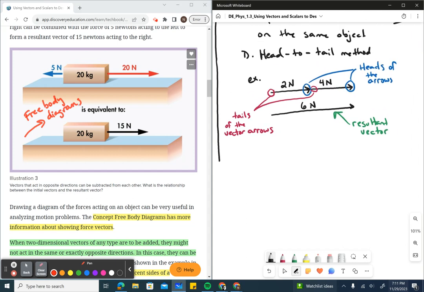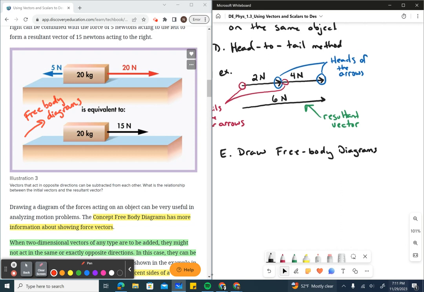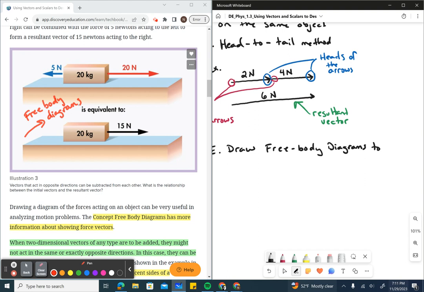Letter E, draw free body diagrams to conceptualize and to analyze. Yes, I said the word analyze, right? So we can do more with these drawings, and that's what we're trying to set you up for.